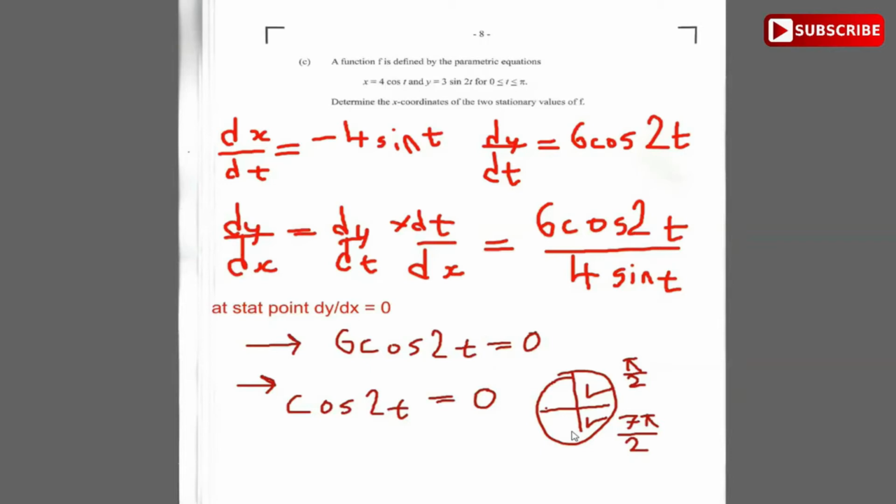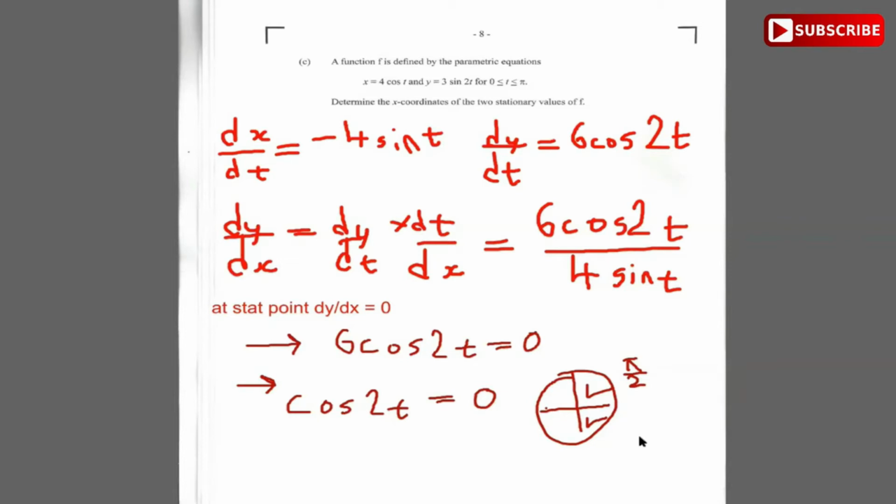All right, is that right? 2 pi minus pi by 2.